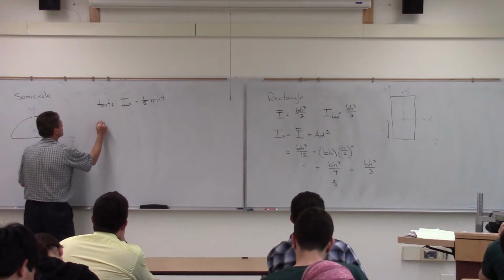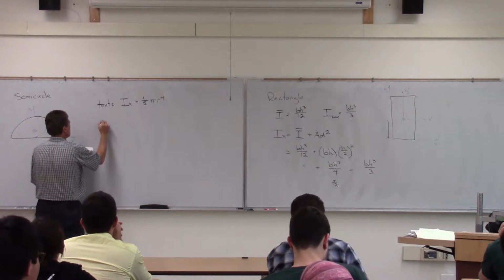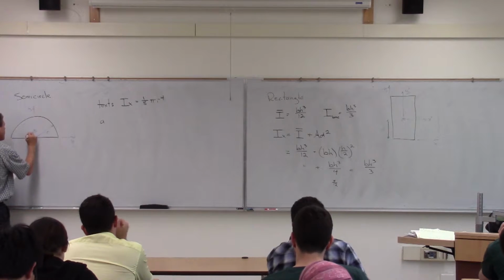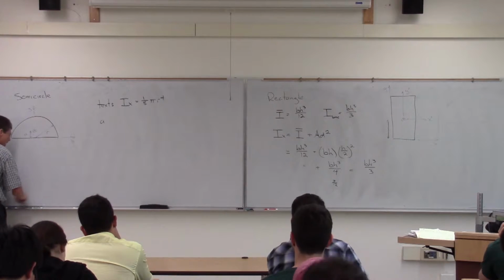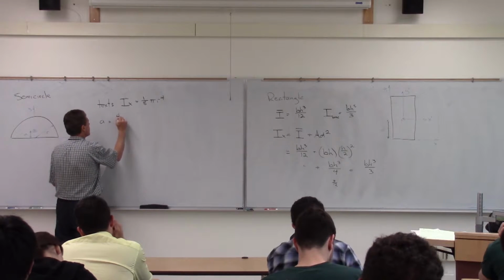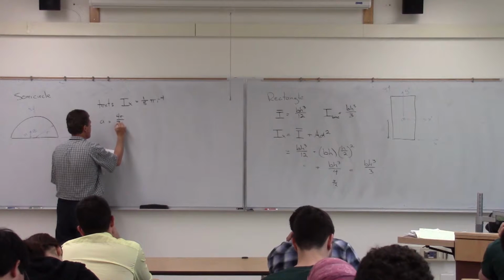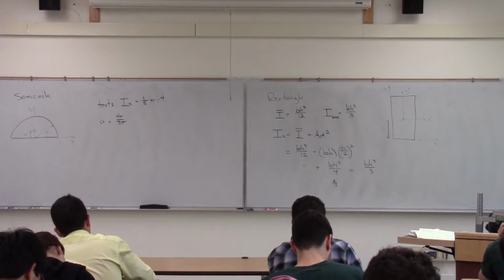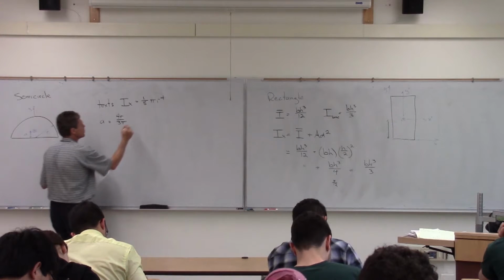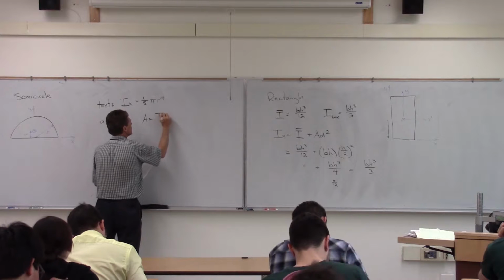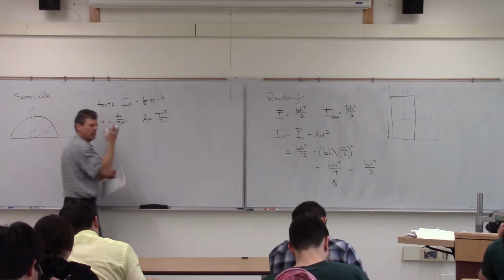And just to get some details out of the way here, A, which I haven't got up there yet. So the distance A up to that centroid is given in the book. Real nice term, 4r over 3 pi. And then the other bit of information we have from that is, we know what the area is. It's going to be pi r squared over 2, half of a circle.